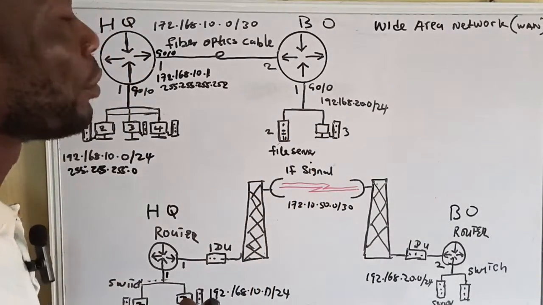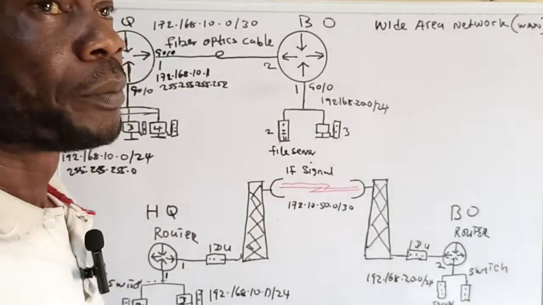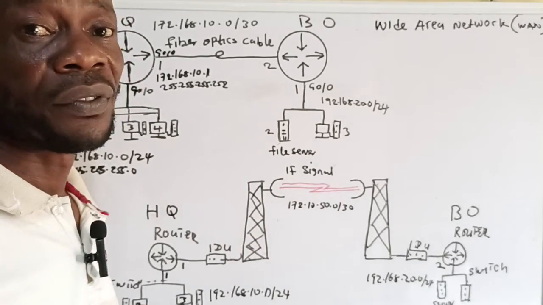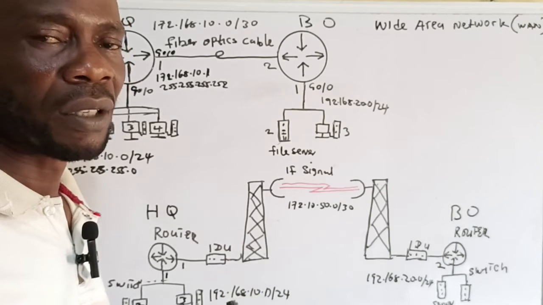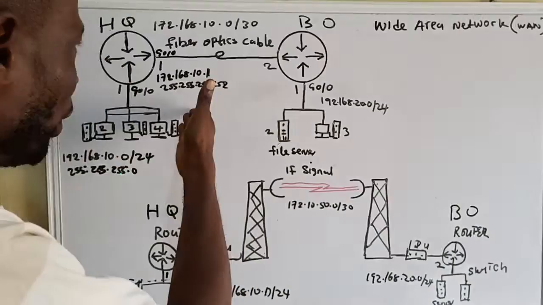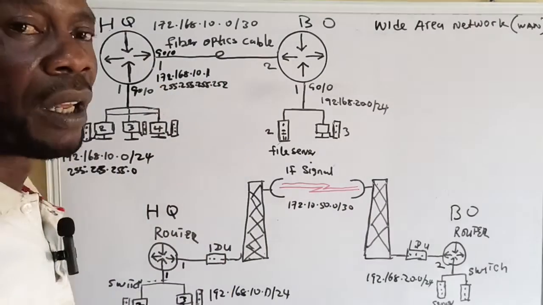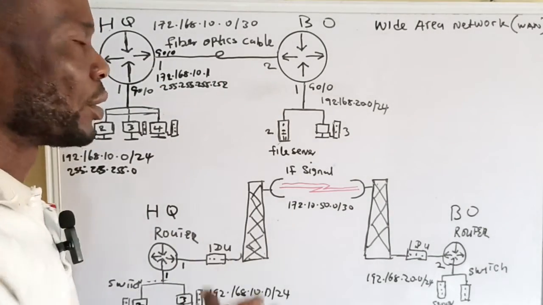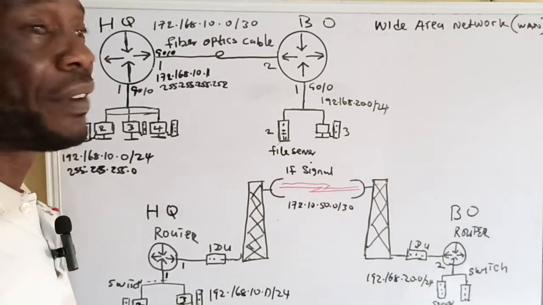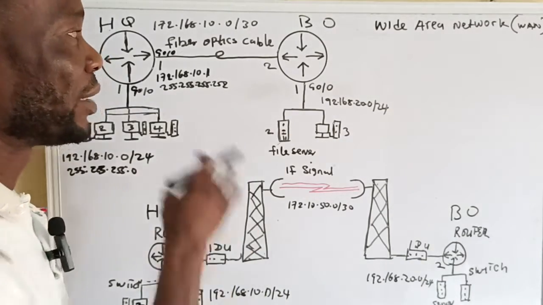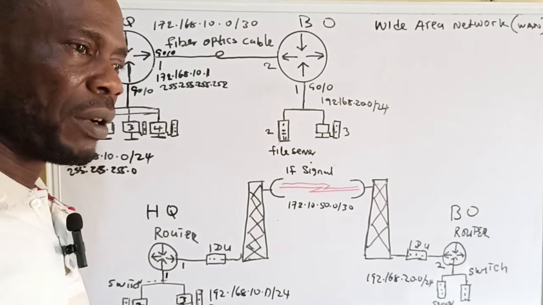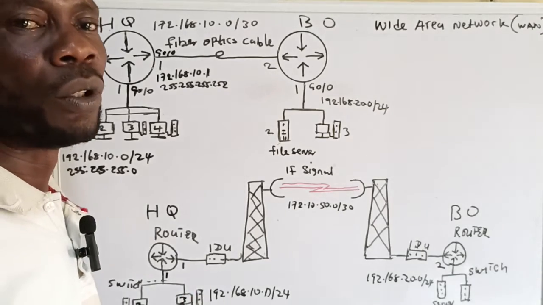After that, because it's just two branch offices, two WAN links, I will use what is called a static route to configure these networks so that they can establish a connection and share files. They can send and receive files between each other. Static route, don't worry, when we get to the configuration, you will know what I'm talking about.